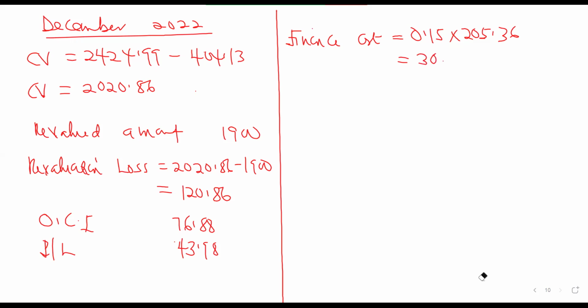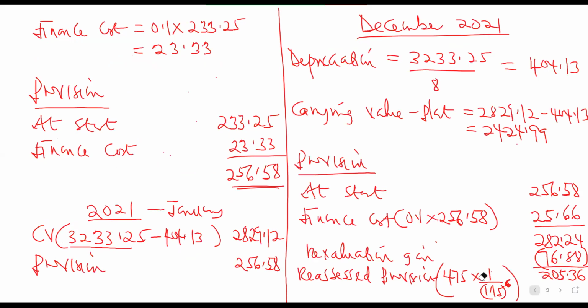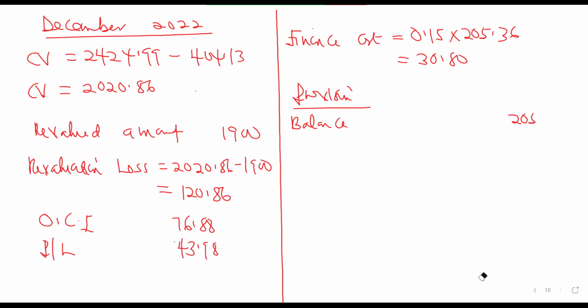So our total provision now will be the balance at the start, 205.36, then we have the finance cost for the year of 30.80. What will be the total? 236.16.